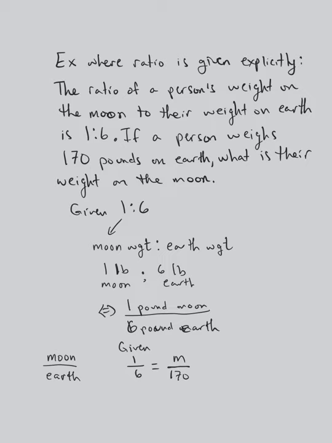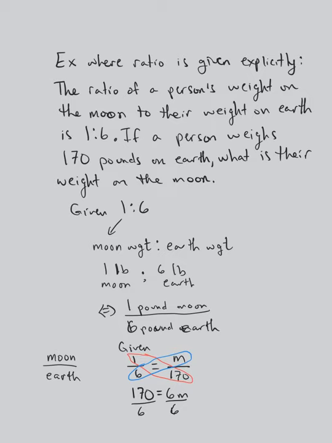Now, there is a shortcut on this one, but just to follow our usual process, now we have a proportion. And so here's my first cross product, here's my second cross product. For my first one, I want to equate the cross products. So I have 1 times 170, that's 170, and that's equal to 6 times M. And then we can divide both sides by 6.